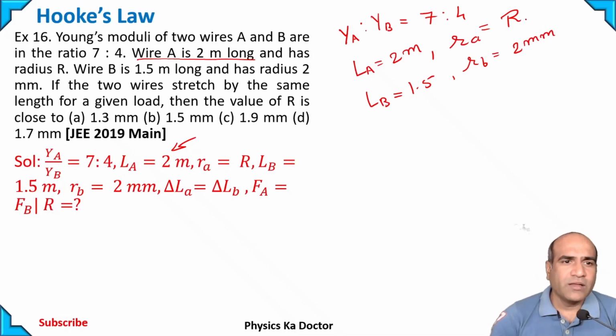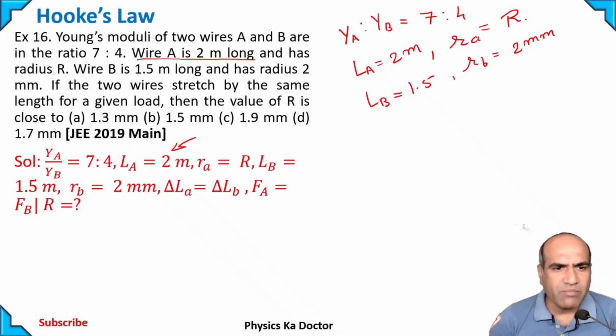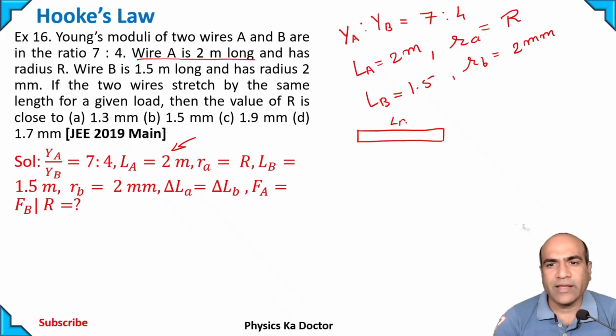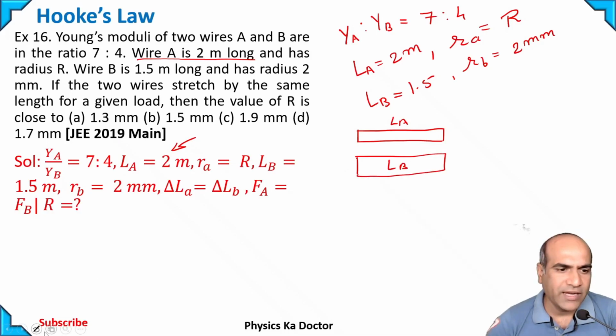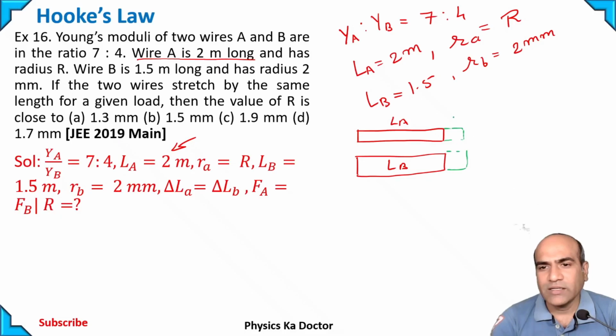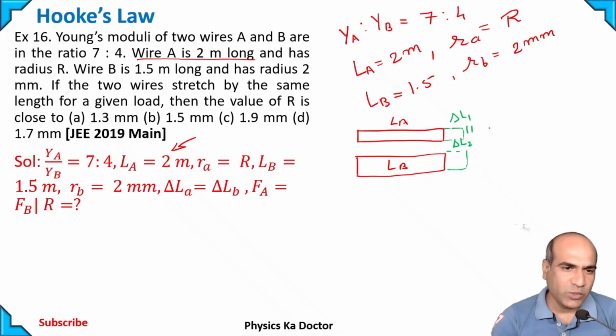If the two wires stretch by the same length, that means the first wire has length LA, the second wire has length LB, and the increase in length is given equal.